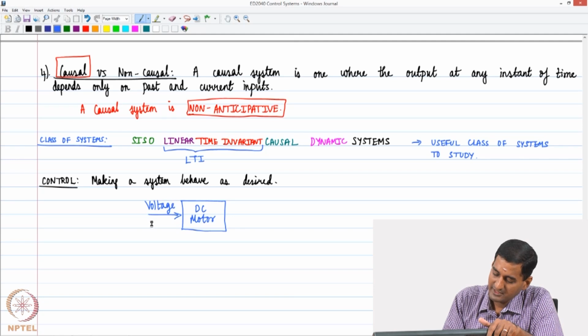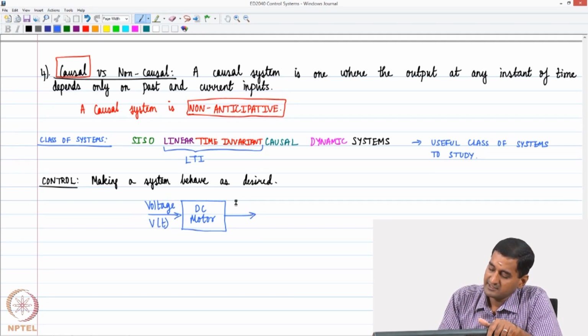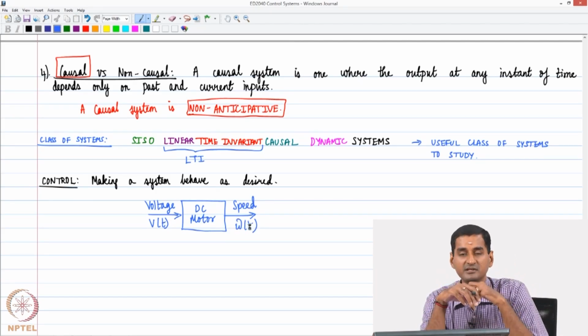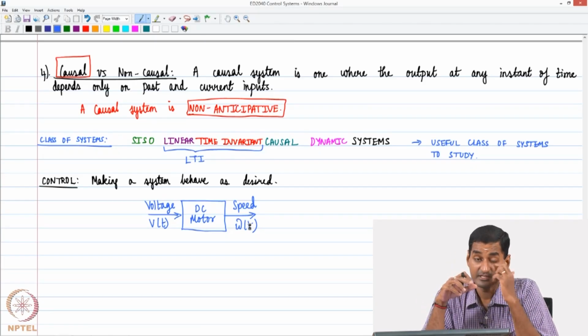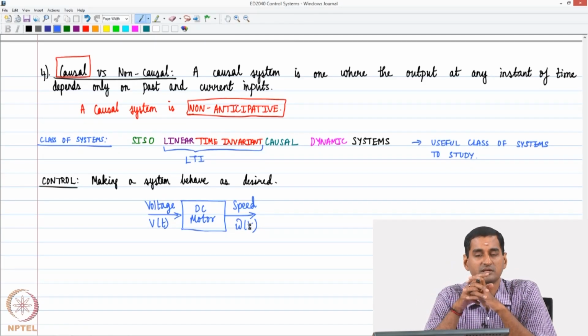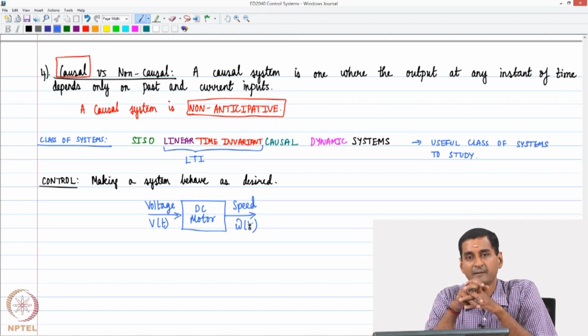So, let us say I provide a voltage V of t to the DC motor, and let us say the shaft speed, omega of t, is the output of the DC motor. So, essentially I visualize the DC motor as a system to which I provide a voltage input V of t and get the speed output, omega of t.